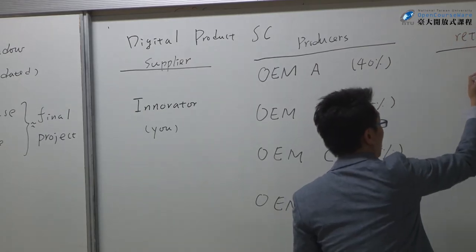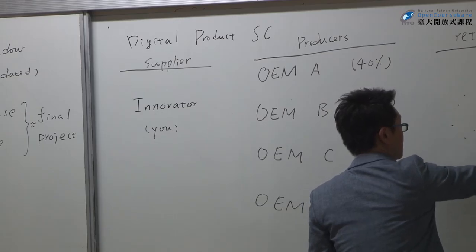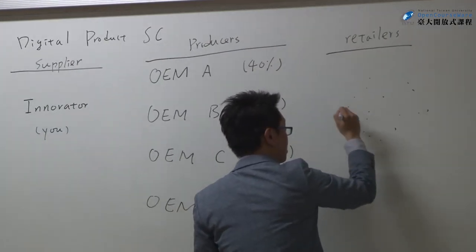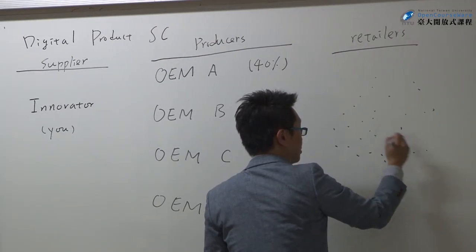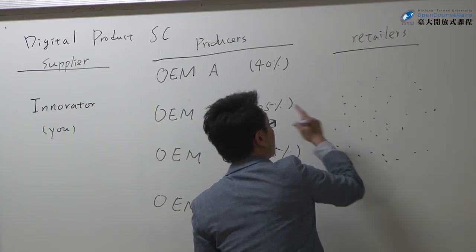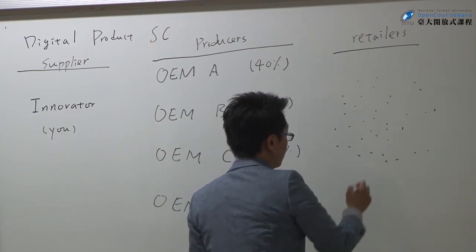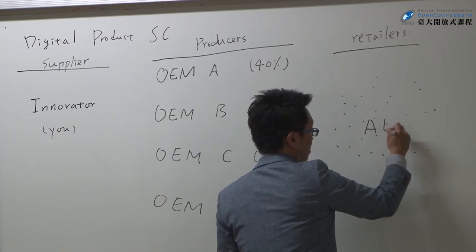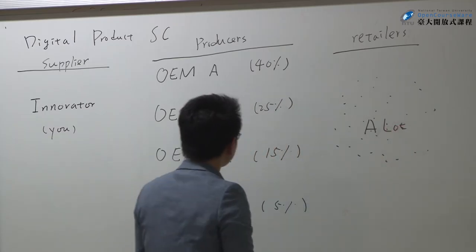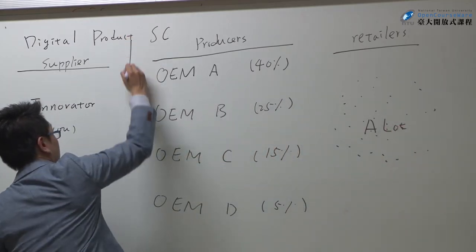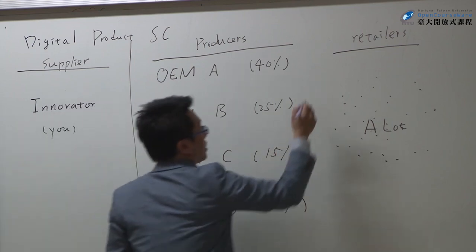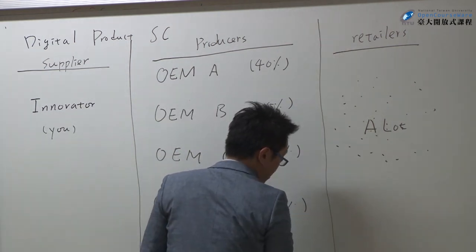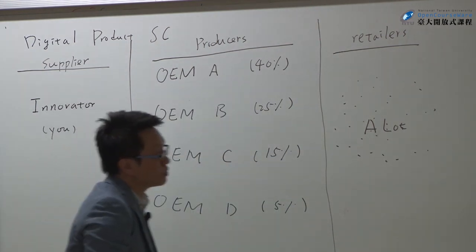So just a lot, such as a lot of stores or local branches to sell these digital products. So we have a lot of retailers. If you have done a supply chain management course, you know this is a three-tier supply chain.